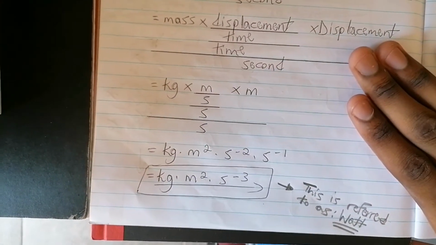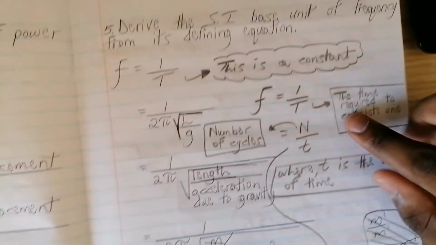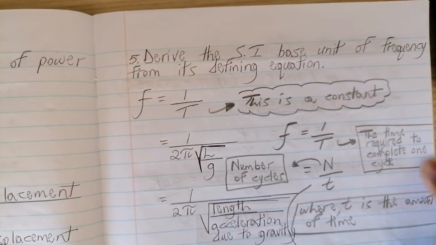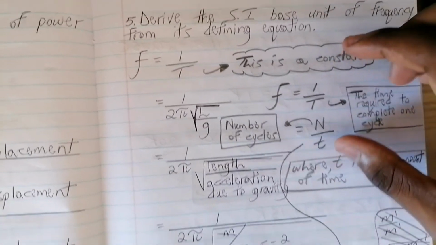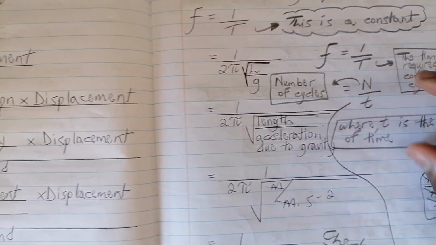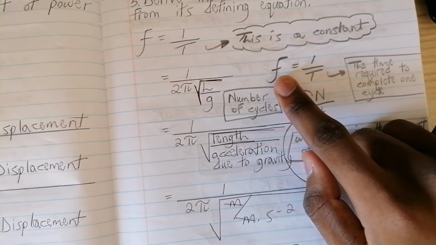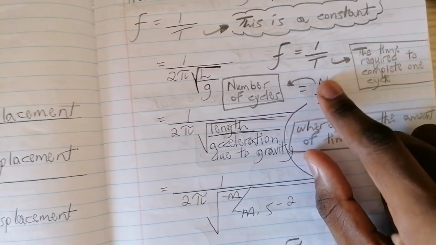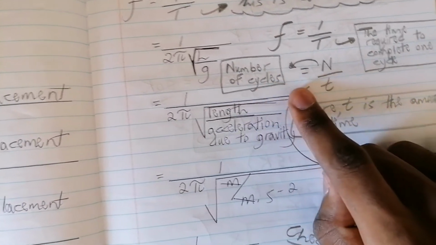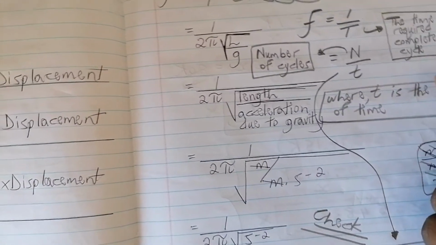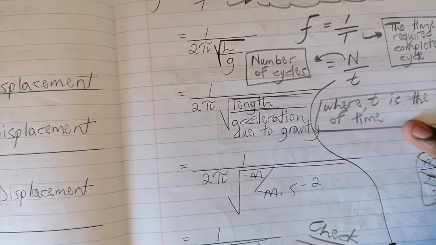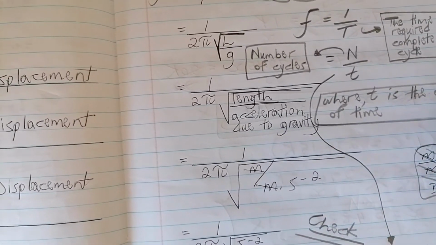That is all for now, because I also wanted to show you frequency, but I'm not certain about my workings, so please never mind this, just focus on this. F is equal to 1 over T, where T is the amount of time for the number of cycles.